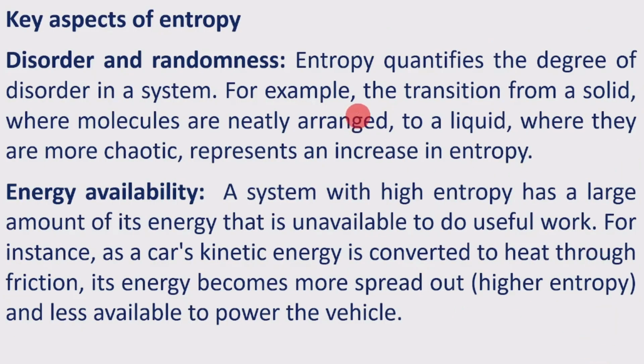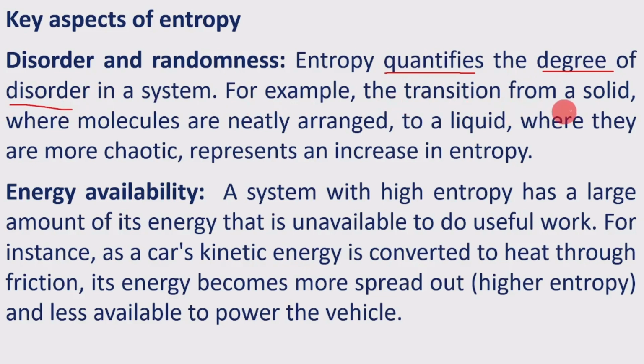Then, moving further, the key aspects of entropy. First, disorder and randomness. The entropy quantifies the degree of disorder in a system. That quantification of the degree of disorderness is the measure of entropy.